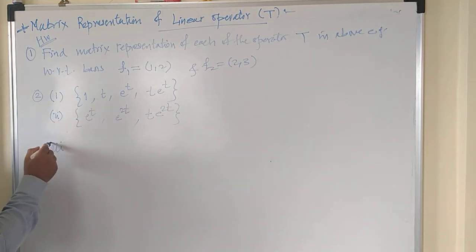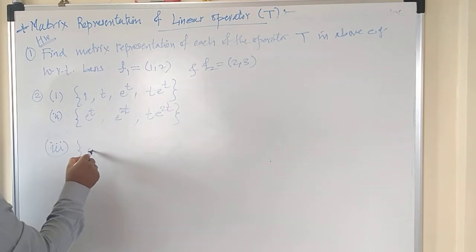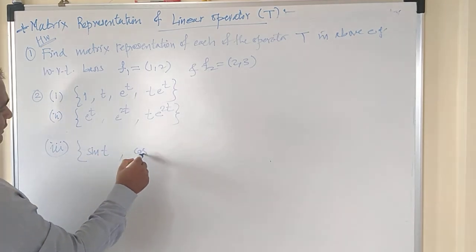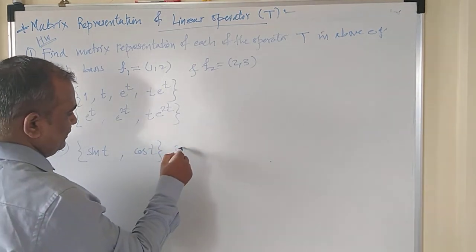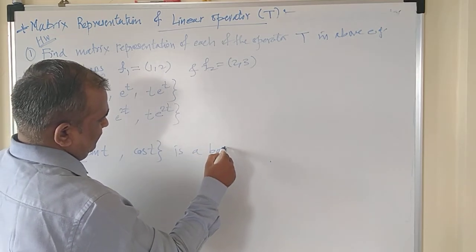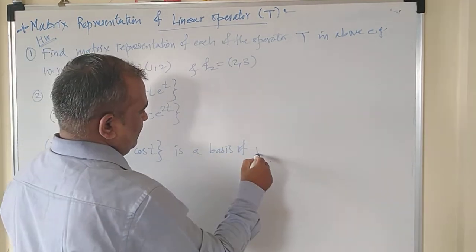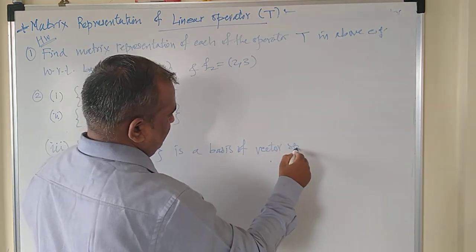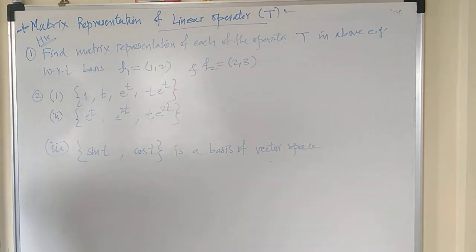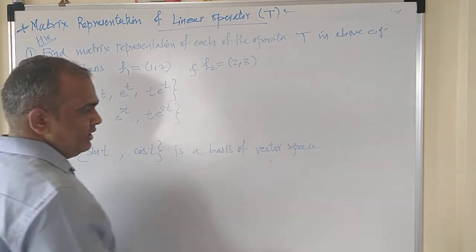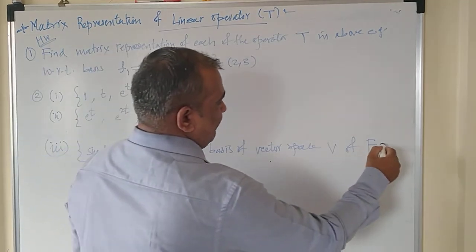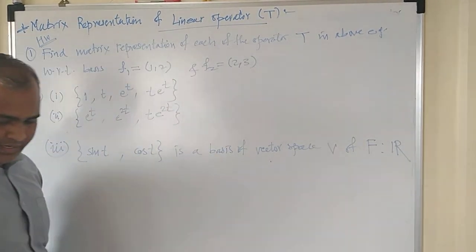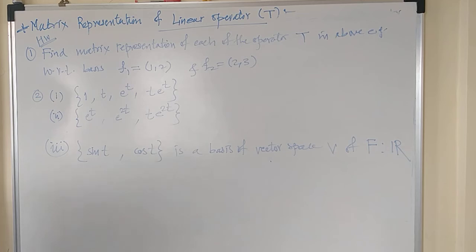The third is sin t and cos t. Sin t, cos t. That's all. It is a basis of the vector space V of functions f, where f is a function of real variables, R to R.